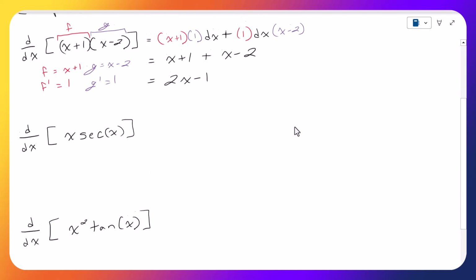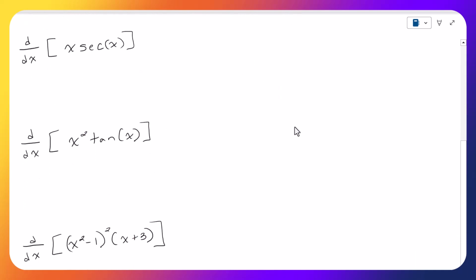Moving down, let's start using some of our trig rules. Again, two functions being multiplied, we have f, we have g, f equals x, f prime equals, actually let me go back up and do something else. Let me say that this is 1 dx, and then this is 1 dx.